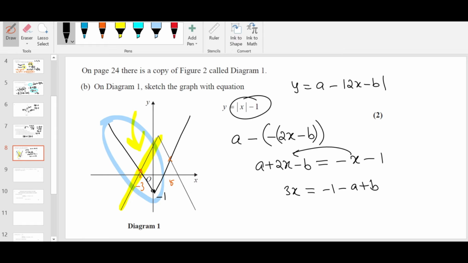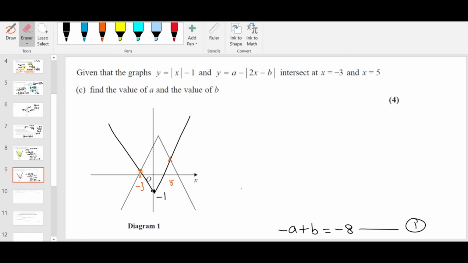We know the value of x already, minus 3 at that point. So replace x by minus 3, you will get minus 9 is equal to minus 1 minus a plus b. Put this minus 1 here, you'll get minus 8. Minus a plus b is equal to minus 8. Take it as equation 1.